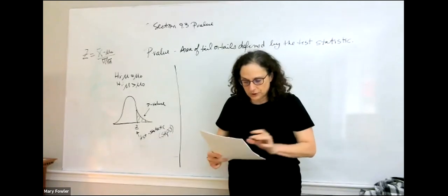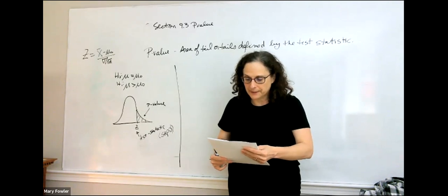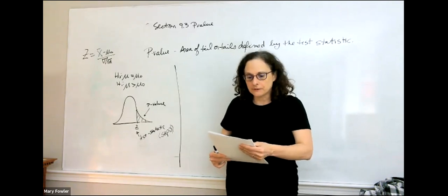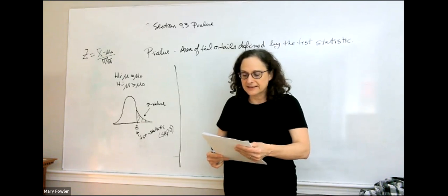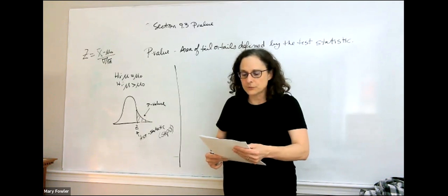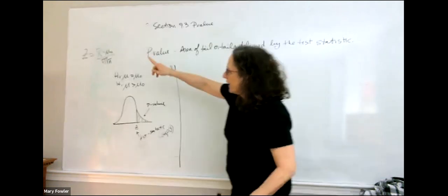And this is in the notes, so you don't have to write it down unless you want to, but it's the probability of observing a value of the test statistic as extreme as or more extreme than what we observed.